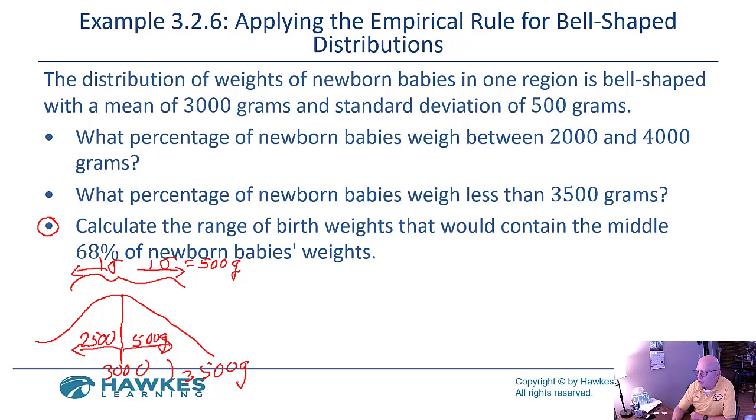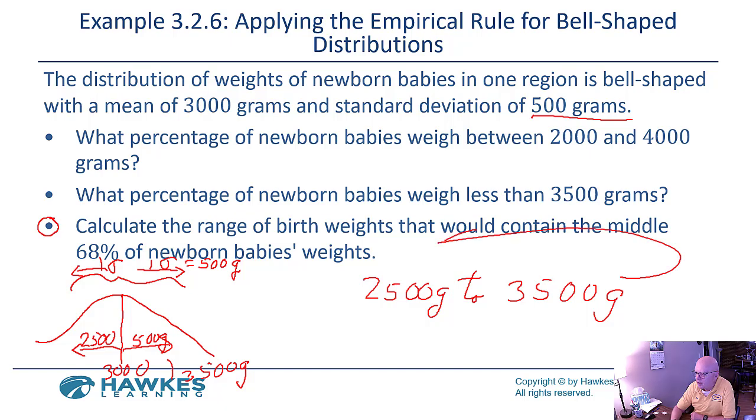So the range of birth weights for the middle 68%, one standard deviation both ways, would be 2,500 grams to 3,500 grams. And there's our answer for the last one.